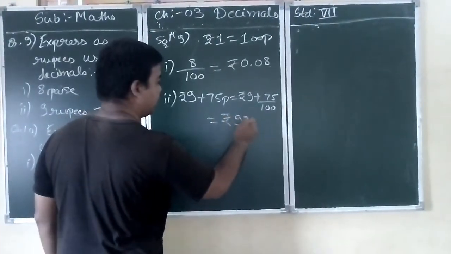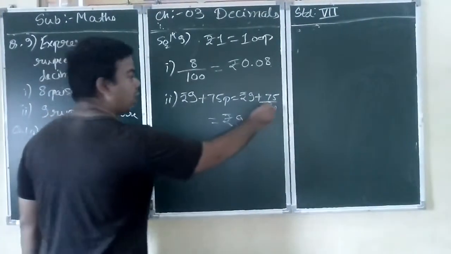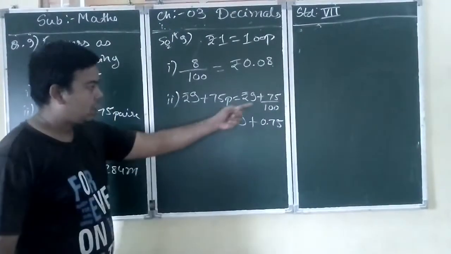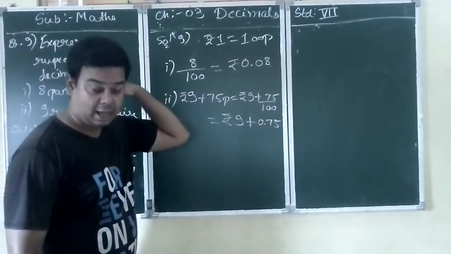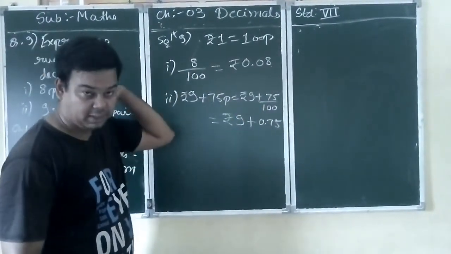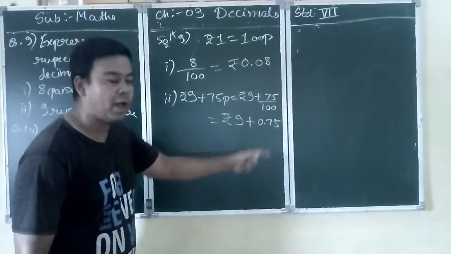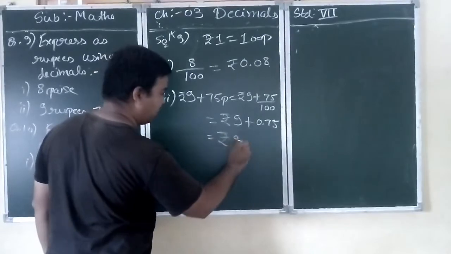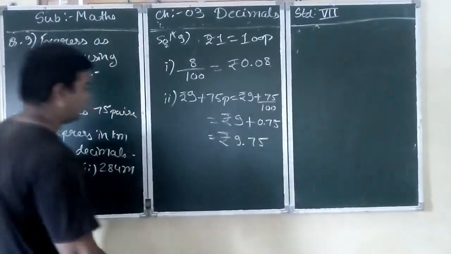Rupees 9 plus 0.75. We add these two numbers, so rupees 9.75.